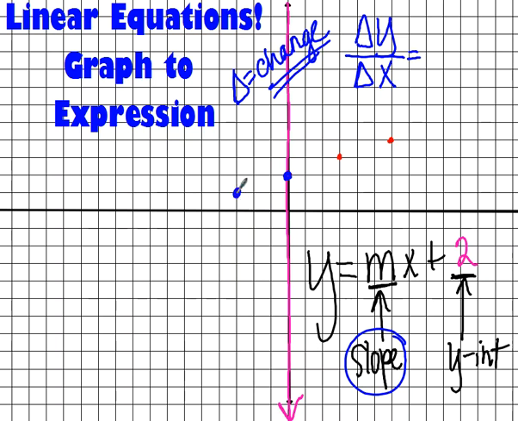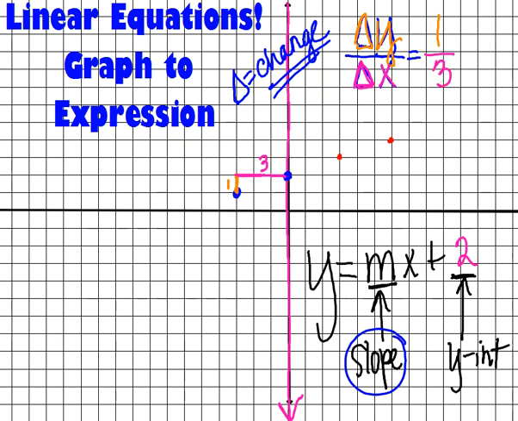And in this case, from this point to this point, we had to go up just 1, right? So our delta y would be +1. We went up 1, okay? The change in x, delta x, is how much did it change on the x-axis. So we also call that run. So this is rise over run. So from this point to this point, it changed 1, 2, 3. Rise over run. So delta x, the change in x, would be 3.